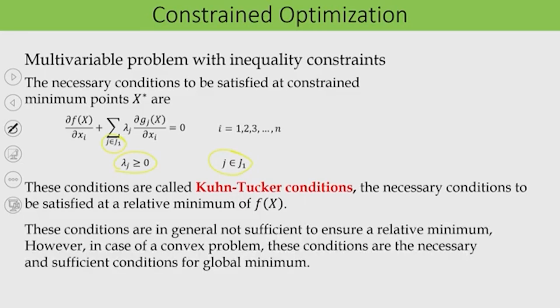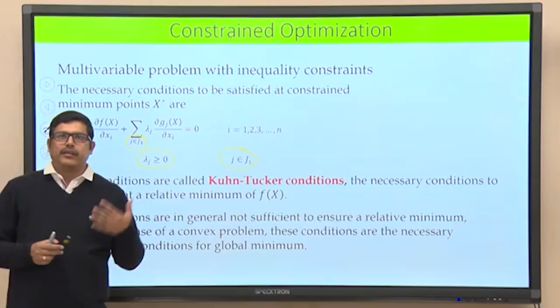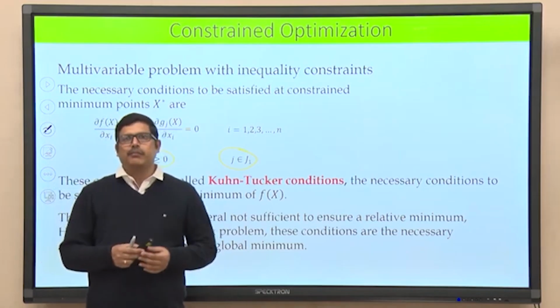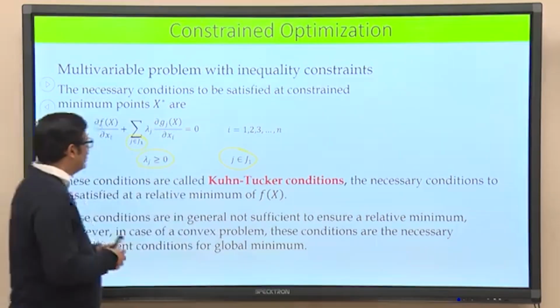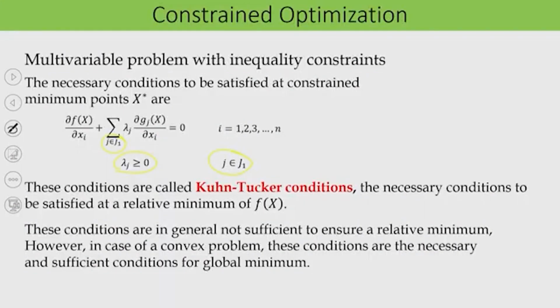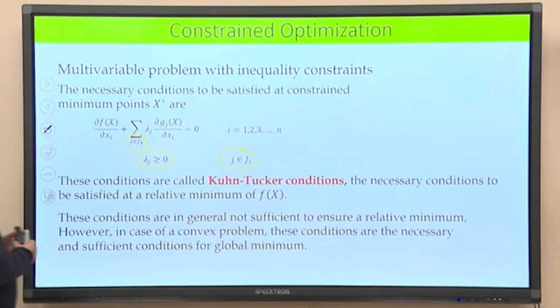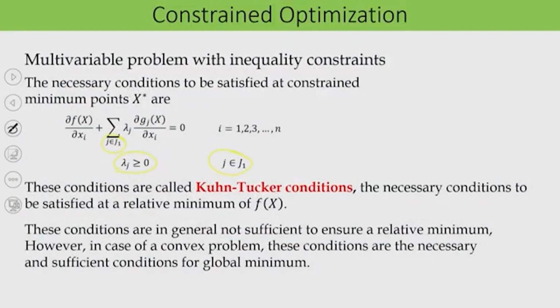These conditions are in general not sufficient to ensure a relative minima. They are not sufficient conditions, but necessary conditions, as I said. However, in case of a convex problem, which we have already discussed, these conditions are necessary and sufficient conditions for global minima.